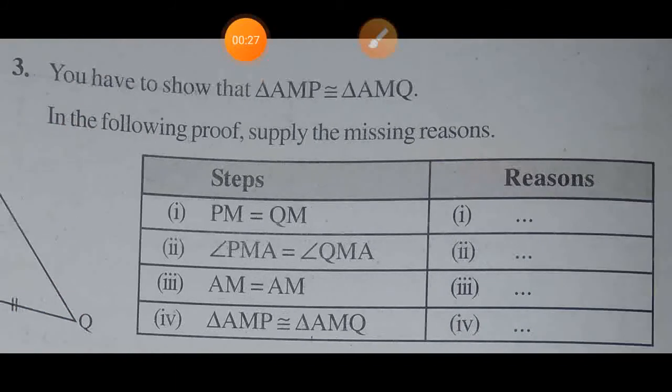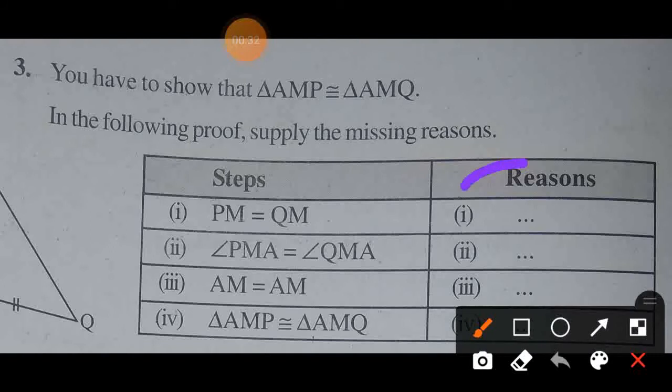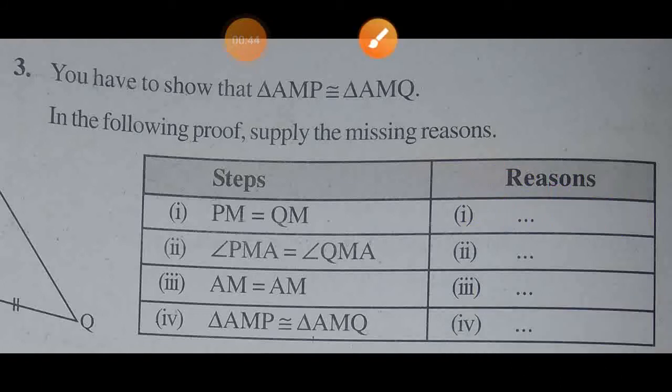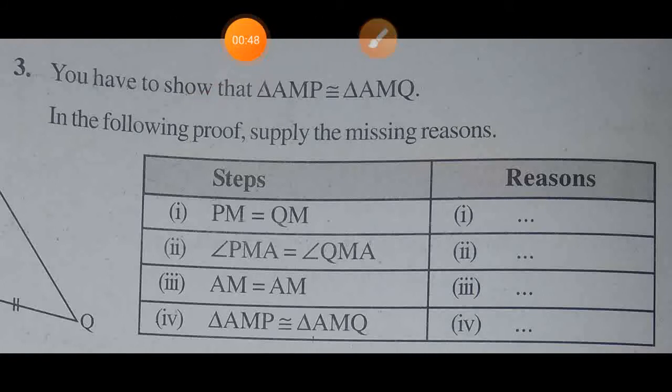So we can write in the reason column, first it is given. Now the second step, that is angle PMA is equal to angle QMA.